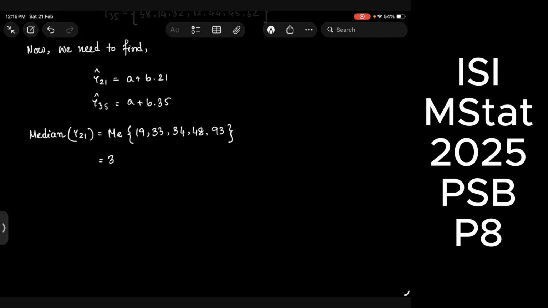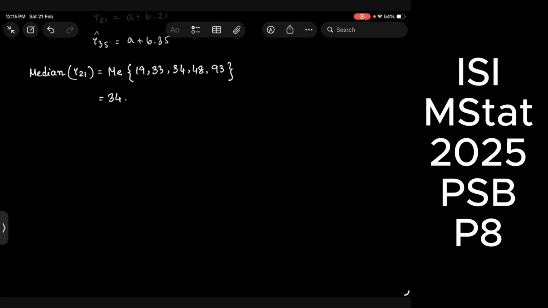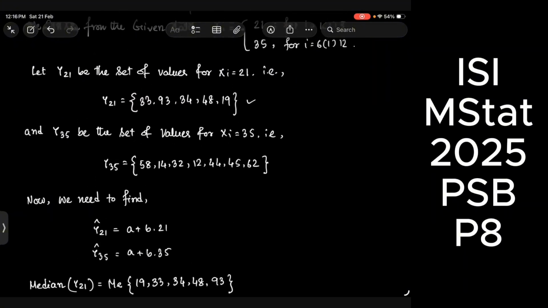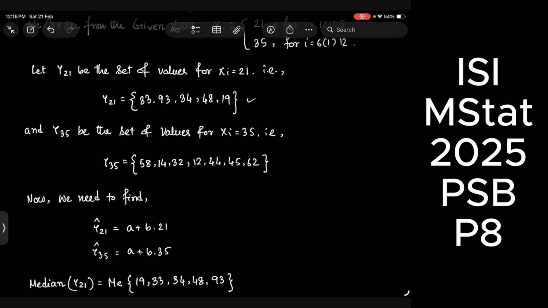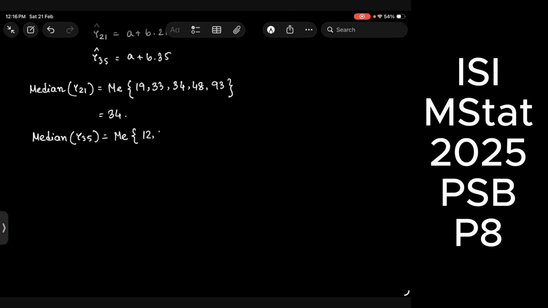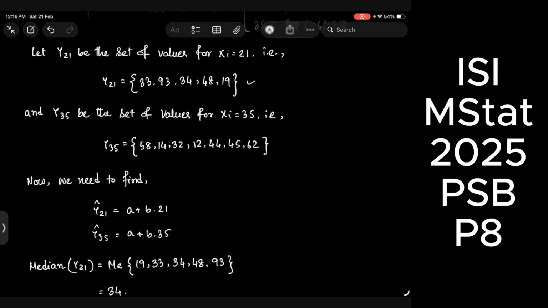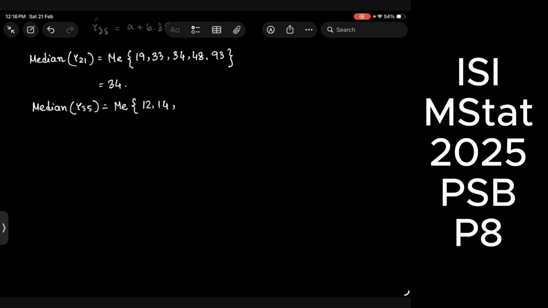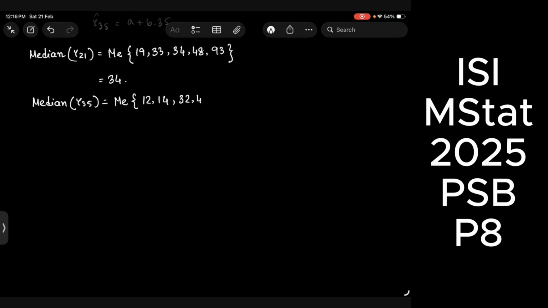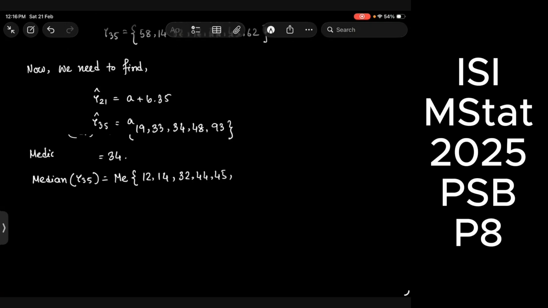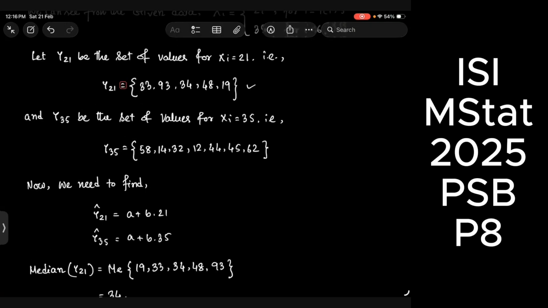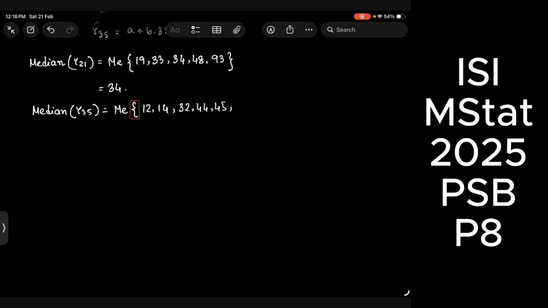And the median of y35, if we sort that out: 12, 14, 32, 44, 45, then 58, 62.